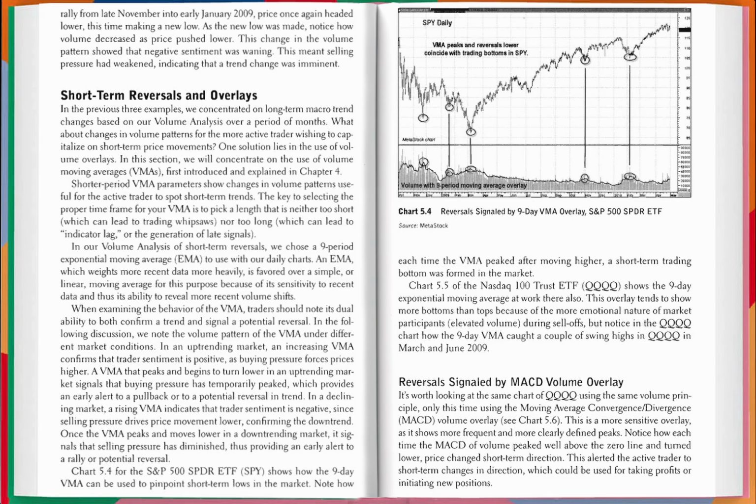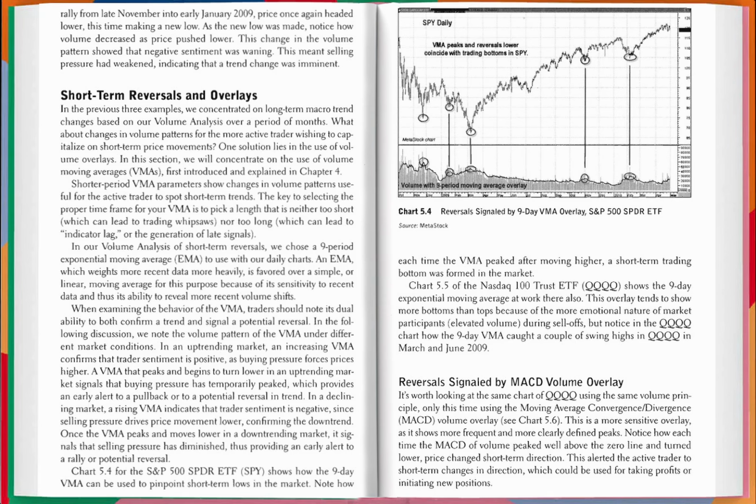Chart 5.4 for the S&P 500 SPDR ETF, SPY, shows how the 9-day VMA can be used to pinpoint short-term lows in the market. Note how each time the VMA peaked after moving higher, a short-term trading bottom was formed in the market. Chart 5.5 of the Nasdaq 100 Trust ETF, QQQQ, shows the 9-day exponential moving average at work there also.